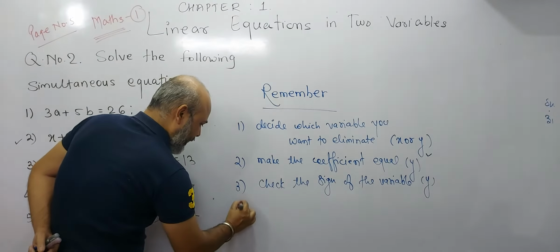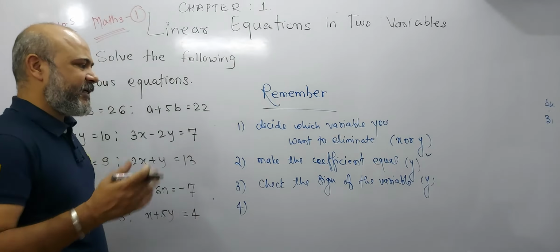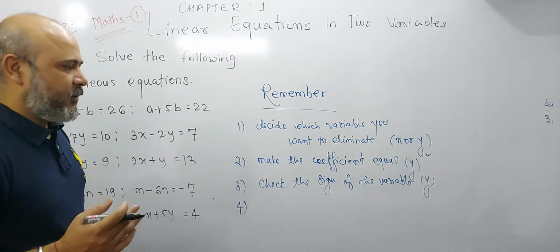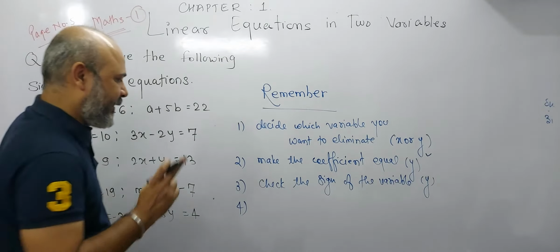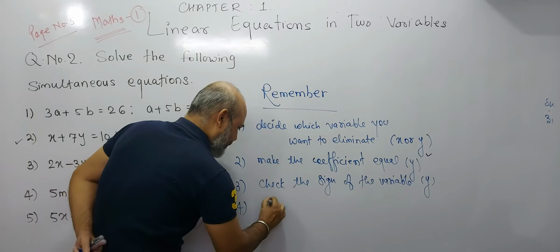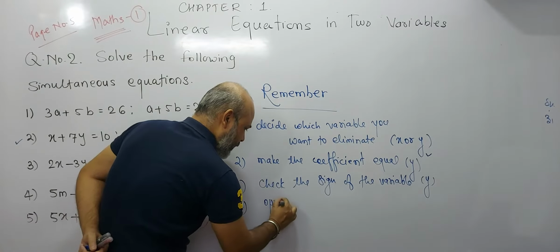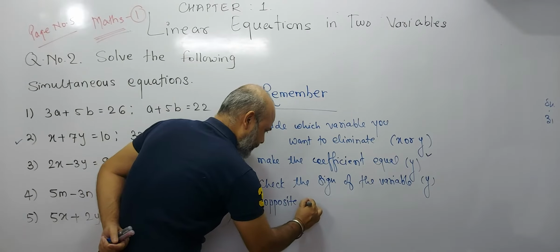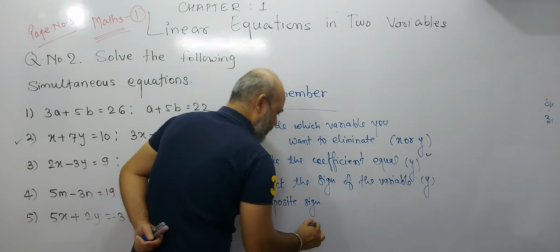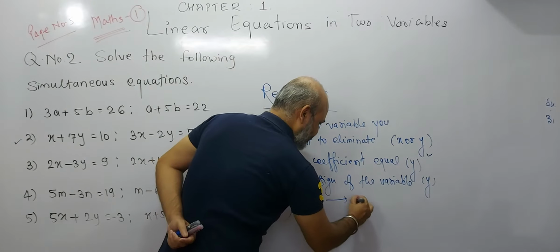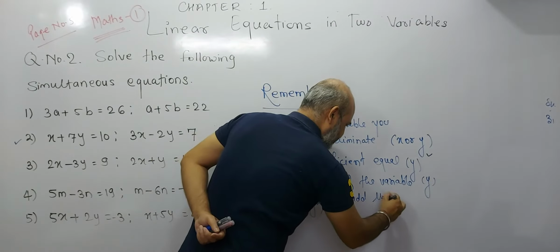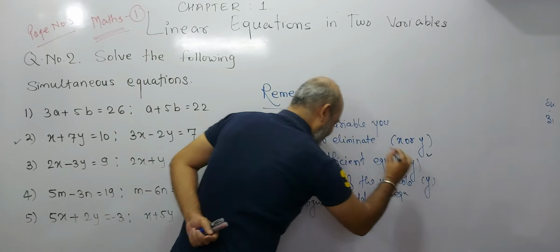We will check the sign of the variable you want to eliminate. If they have opposite signs, then you will add the equations.